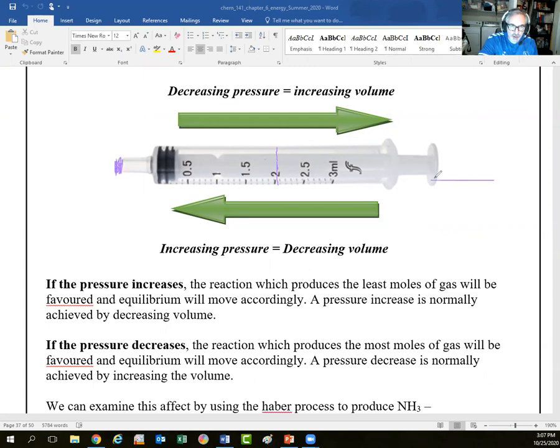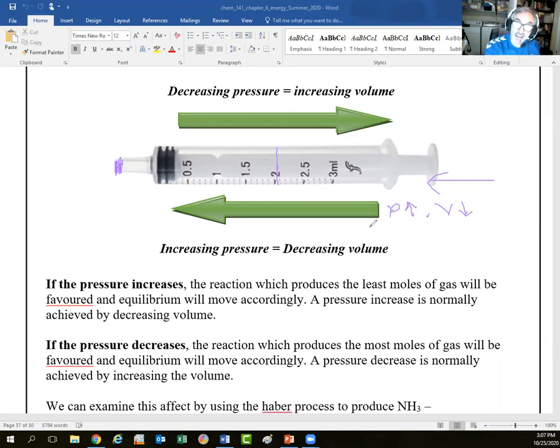If we were to push down on that syringe, it would pressurize the gas inside. And that gas would be forced into a smaller space. And that's the first thing we have to think about. When pressure increases, it's going to feel like a volume decrease for these chemicals.